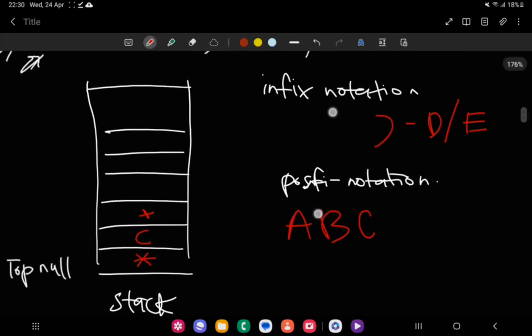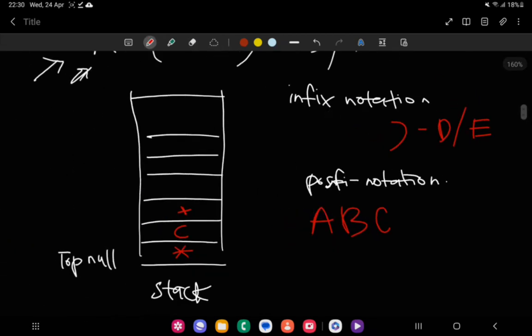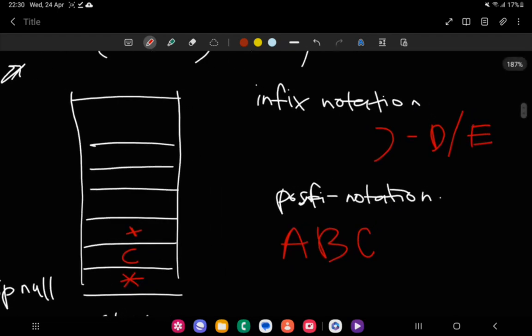Alright. Then after that, we have the next token, which is the closing parenthesis, which means that we pop all the elements from the stack and append them to the output when it is closed, right? It's closed. So pop all the elements from the stack and append them to the output expression till we read an opening parenthesis.